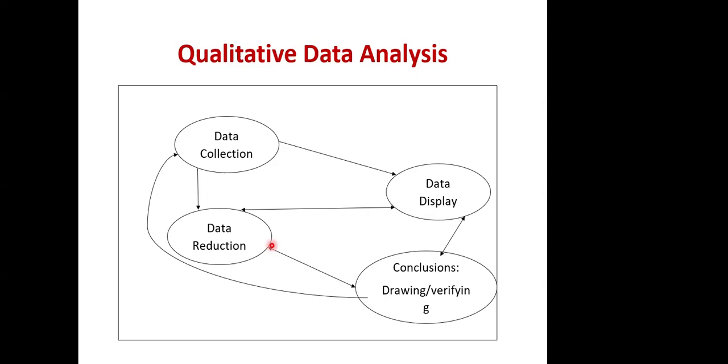Which we call quoting, right? Or you quote a certain component, it could be from your interview transcription, or from the notes that you have taken from the observation, or from the notes you have written based on the ideas that the pictures or images have given you.